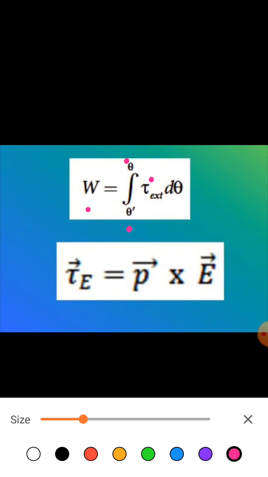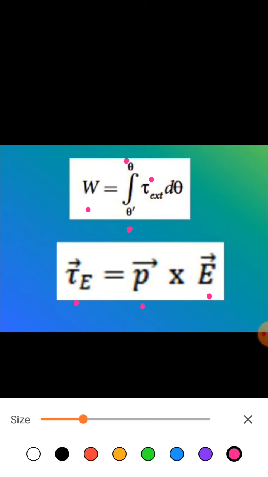Therefore, W is equal to the integral from theta dash to theta of tau external d theta. Here, tau external is equal and opposite to tau E. That tau E is equal to P vector cross E vector.